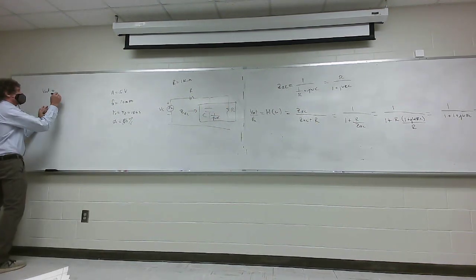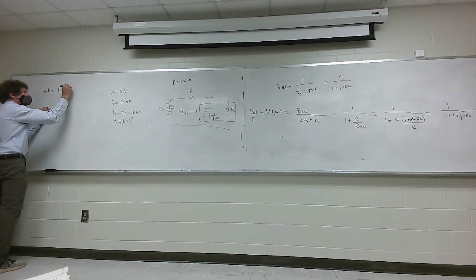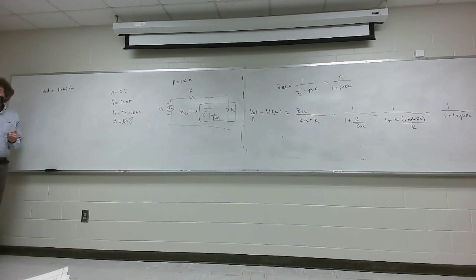All right, so V out would be equal to H of omega times V in, right? Now that's linear. Now if you take 20 times the log of that, divided by 10 to the minus 6, because I want dB microvolts, y'all with me?